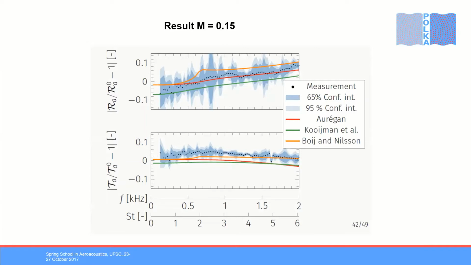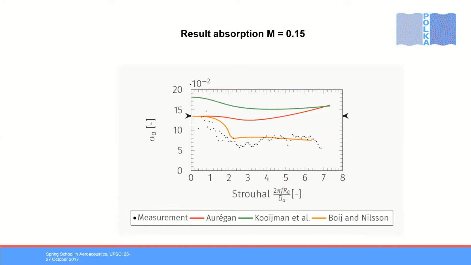So you see on the upper side we have a comparison between measurements and absolute value of reflection coefficient. And for this one you see that the measurement seems to be closest to the orange one, and the lower one is the transmission coefficient, and the Boij and Nilsson result is a bit closer to the experimental result. This was the final slide.